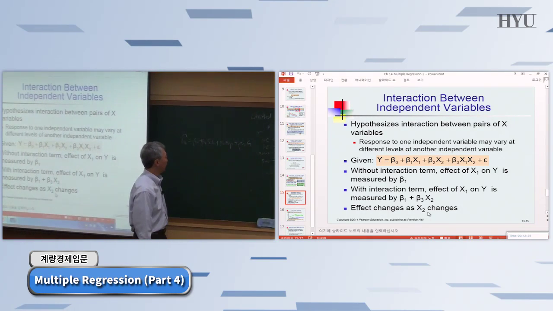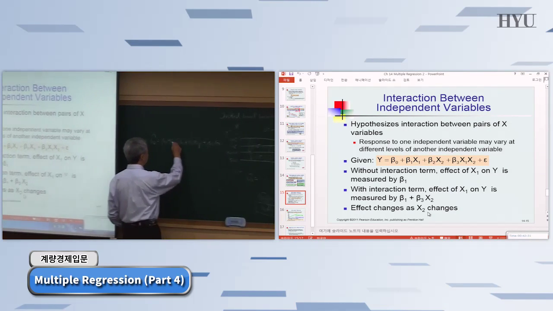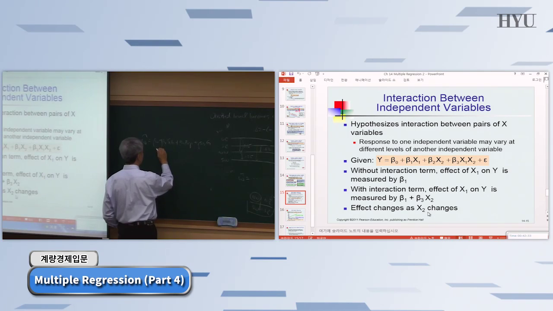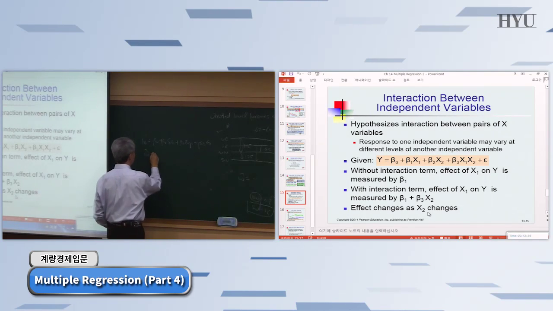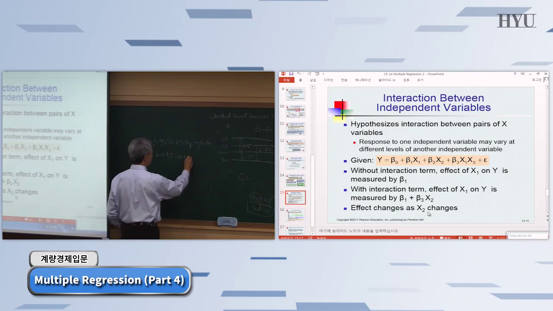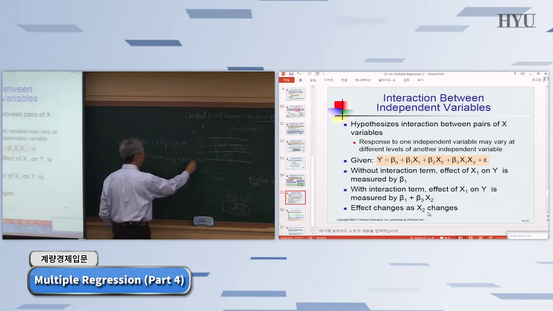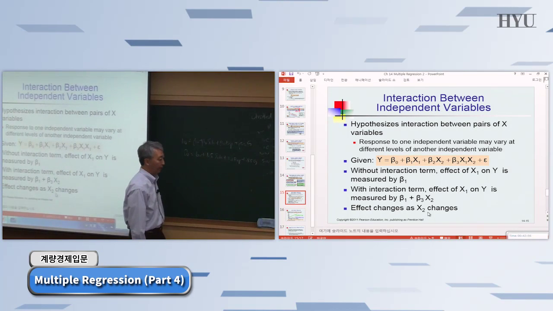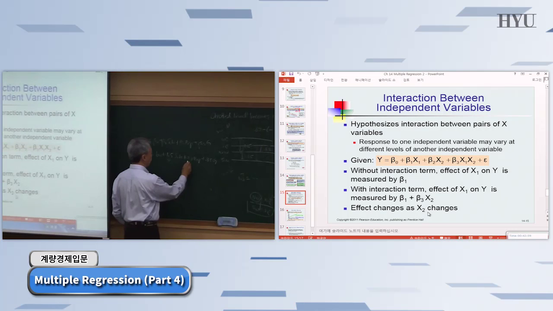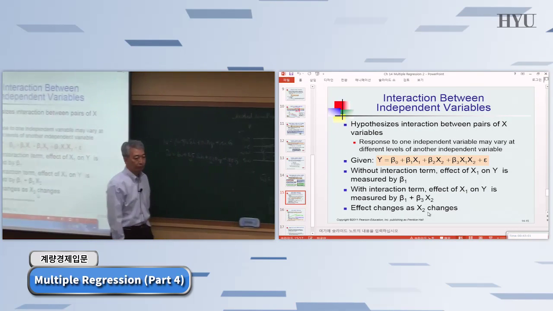Suppose I have 3 independent variables and I got some estimate: 1.5 schooling plus 2.1 experience plus 0.85 gender. We all know what these mean; we already interpreted all those coefficients.